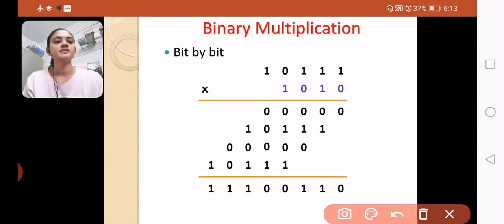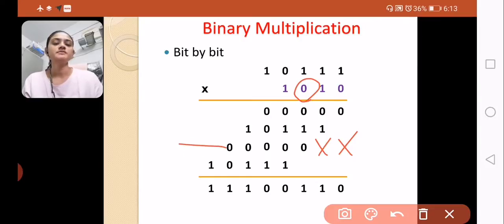Next is the third bit's turn. It is 0. So here 5 zeros will be there, but you have to put here 2 spaces. 5 zeros are there. Okay.